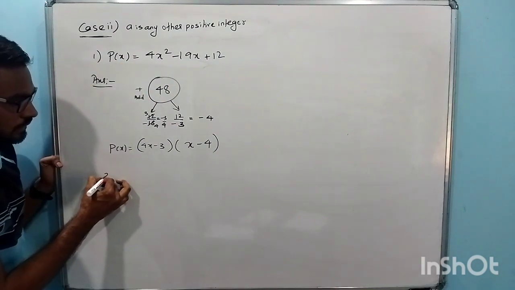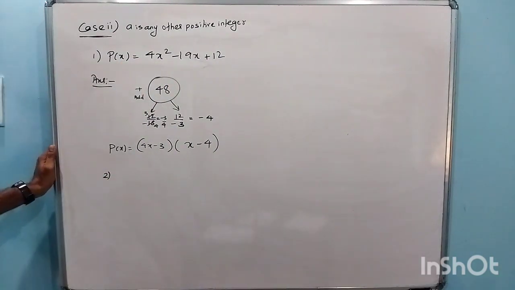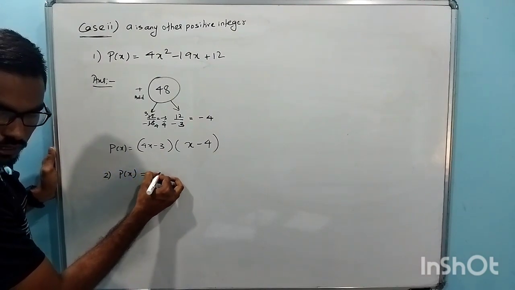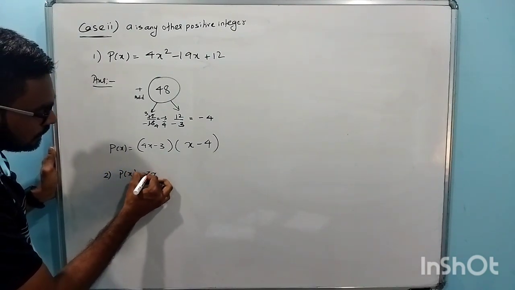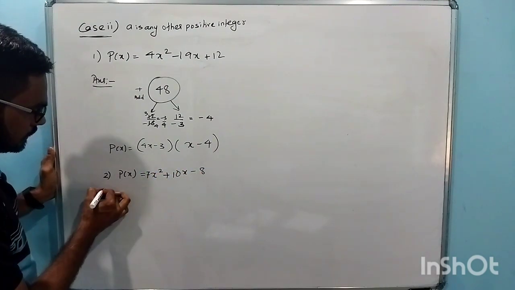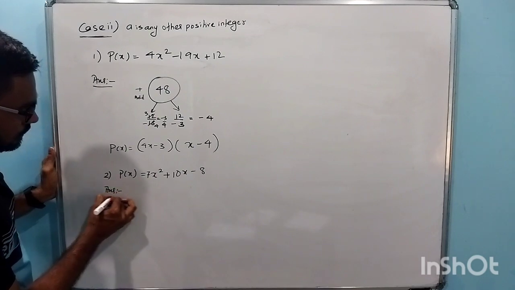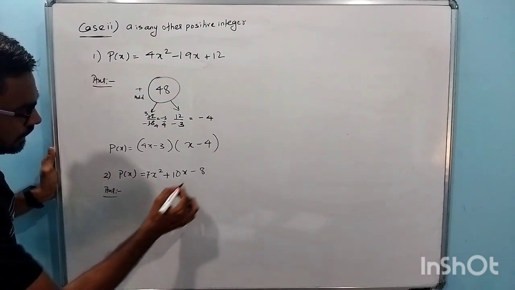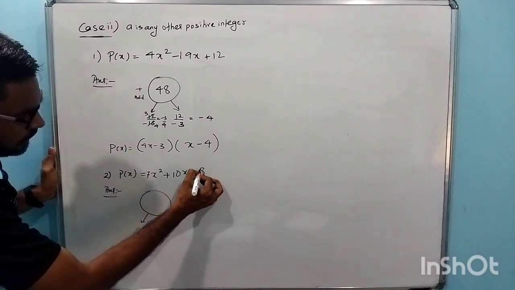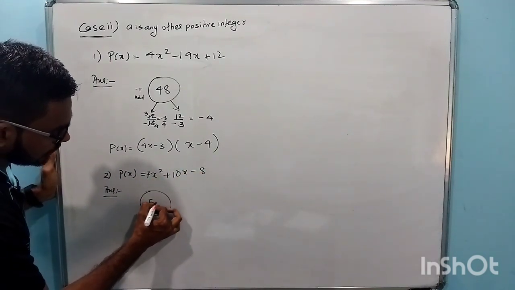Okay, second one. p of x is equal to 7x square plus 10x minus 8. So first thing, 8 into 7, 56.